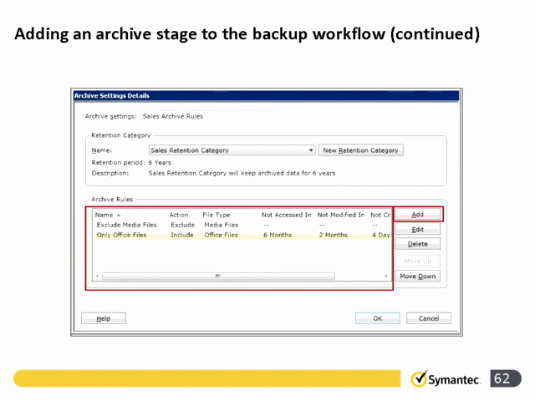The rules are followed from the top down, so they're followed in the order that you see listed. So in this example, they're saying they're going to exclude media files and include anything that has not been accessed in 6 months or not modified in 2 months.